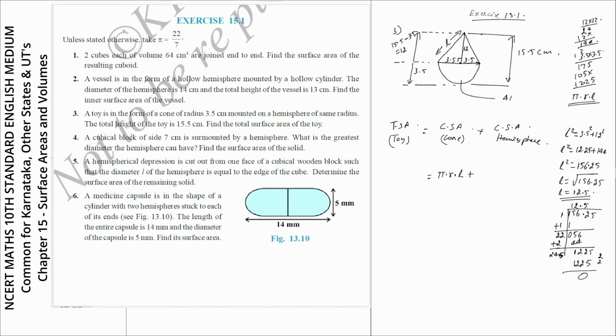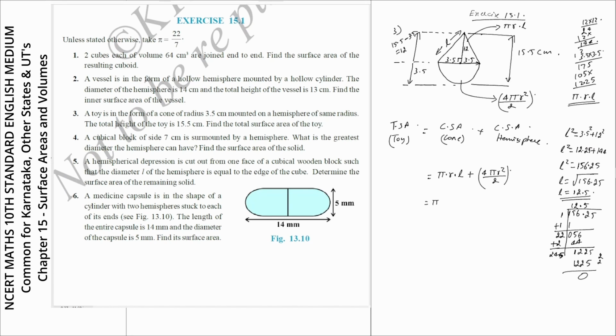Surface area of sphere is 4 times pi r square. Half of that will be surface area of hemisphere, and curved surface area of cone is pi into r into L, as I told you. So pi into r into L plus 4 pi r square by 2. Okay. Now substitute all the values.